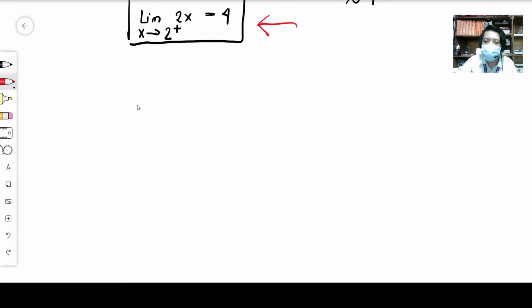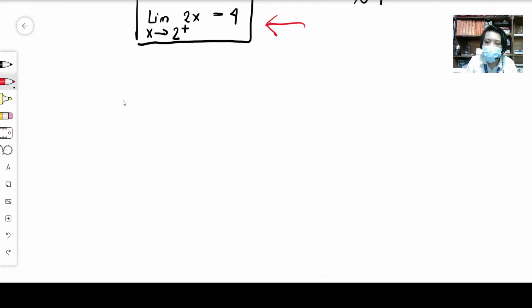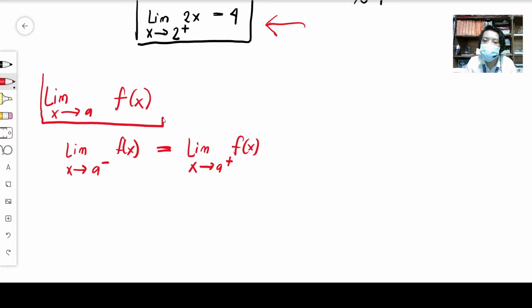If you have a function f of x and you are trying to find the limit of that function as x approaches a certain number, the limit of this function only exists if and only if the limit of that function as x approaches a coming from the left is equal to the limit of that function as x approaches a coming from the right. If the two values are the same, then the limit exists.